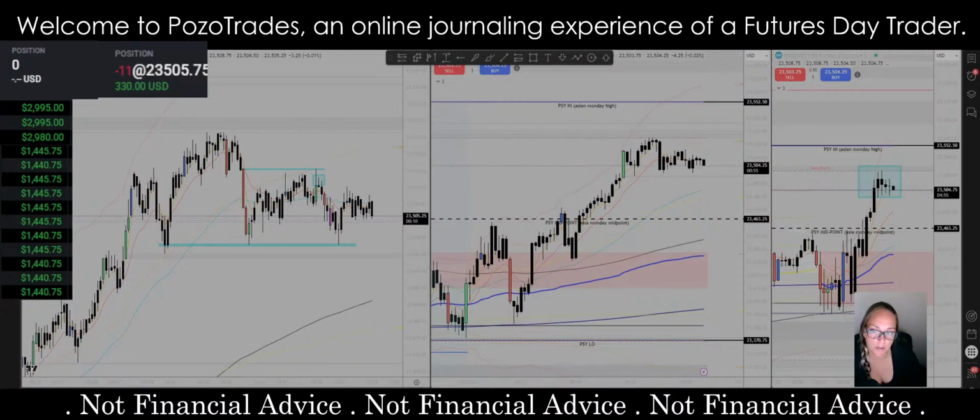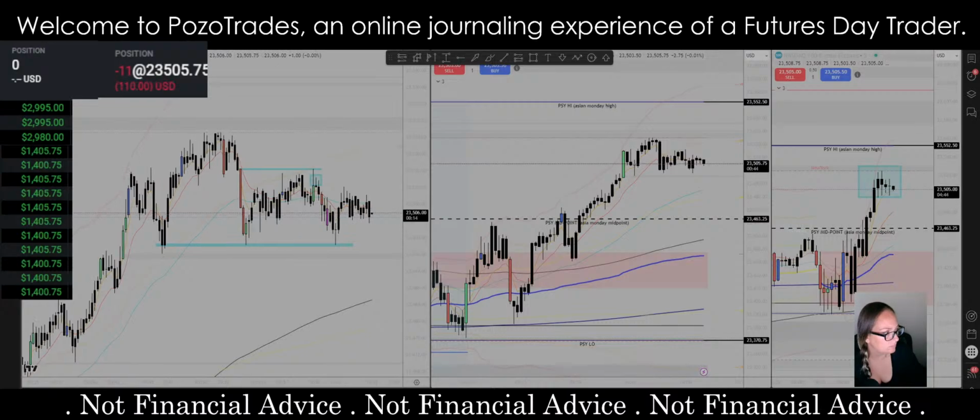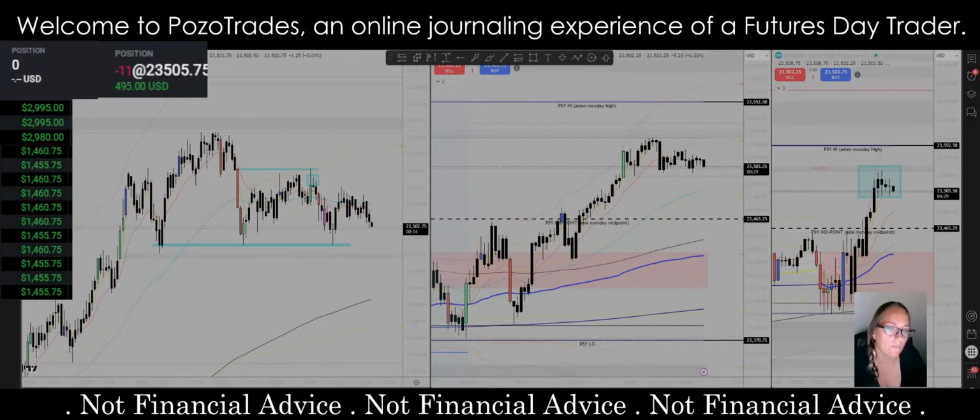See, we have a green vector on the 1 to take back. We're just not getting any real kind of push down.